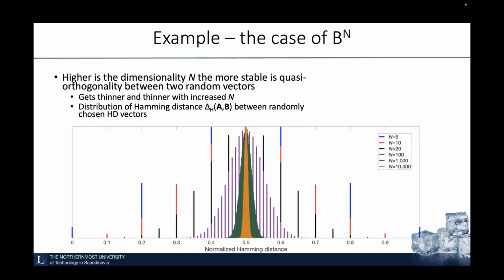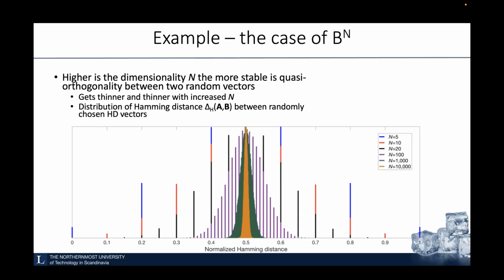Say dimensionality is 1,000 or 10,000. The number of combinations is 2 to the power of 10,000. It's beyond the astronomical scale.